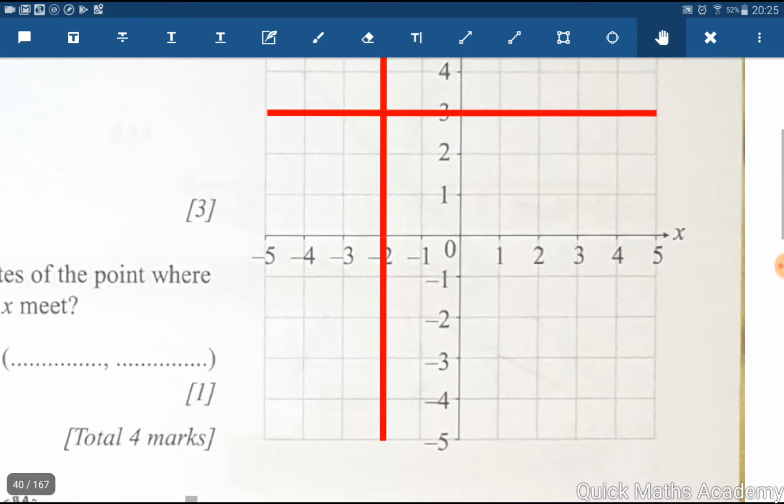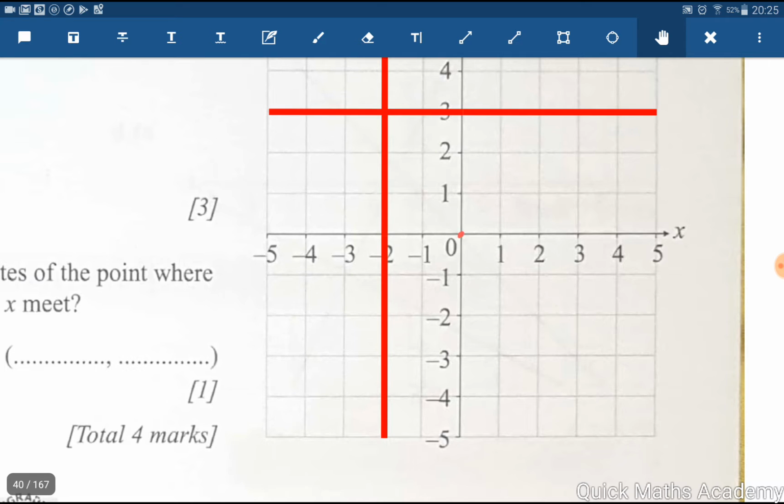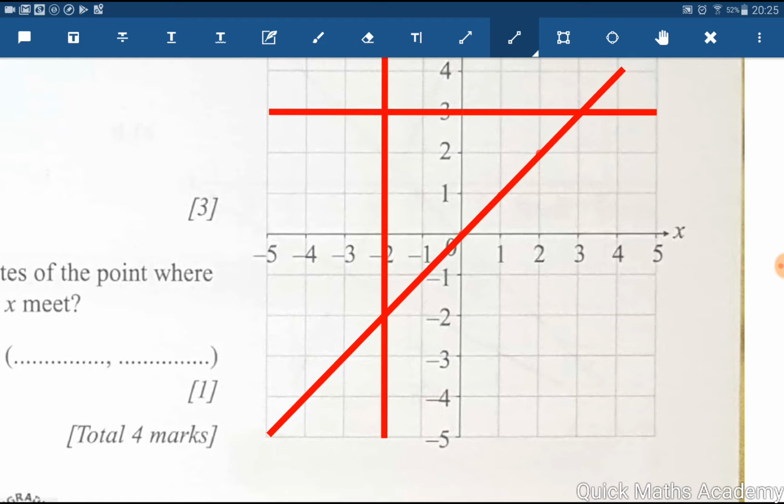I'm going to put some points, okay? I have the 0, 0, the 1, 1, the 2, 2, -1, -1, and so on. And now I'm going to draw the line that goes over all those dots, okay? You can see that this line goes over all those dots.